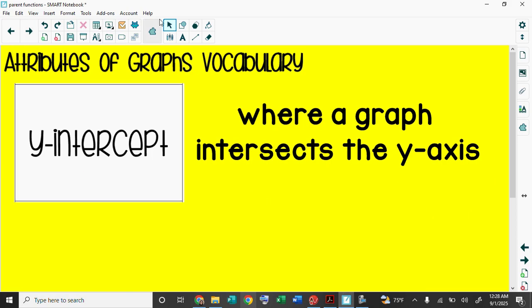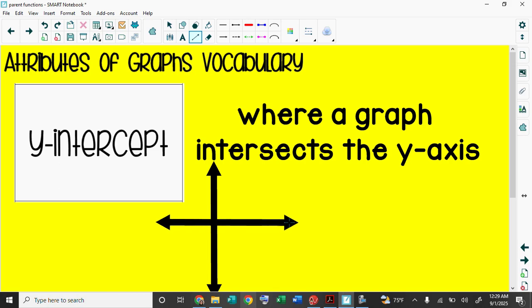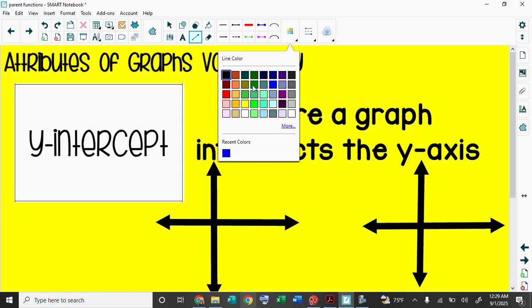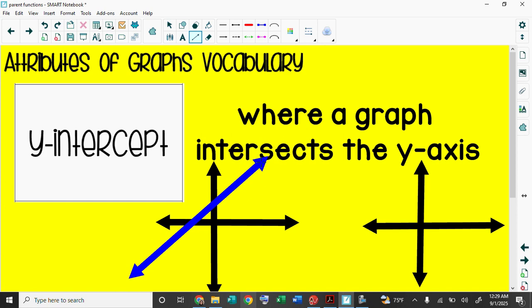So the next one is a y-intercept. And so whenever I have an xy axis, I'm going to do 2 of these. And so whenever I have that xy axis and I have a line that's going there, my y-intercept is that spot right there where it crosses or intersects the y-axis.